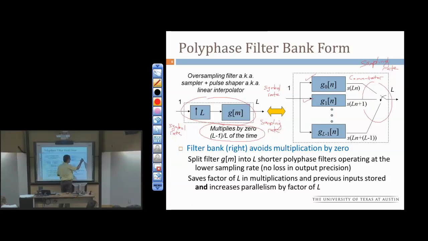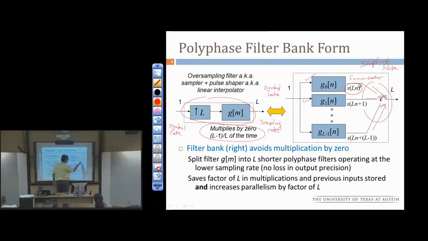So I pull them off in order. I start with the upper branch, and I work my way down. I go this one, then the second one, and then finally the last one, and then I start over at the top branch again. So I do it in a repeated pattern, and you see that here. Here is the nth symbol, and if I'm thinking about communication systems, this is the nth symbol and the 0 sample, little m is 0.